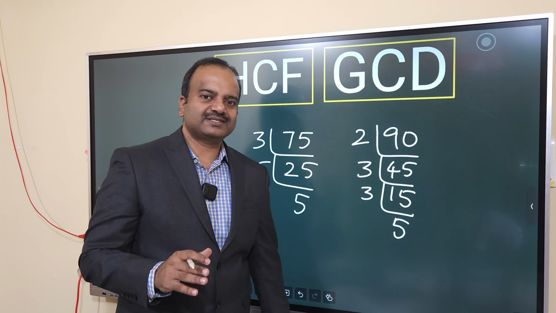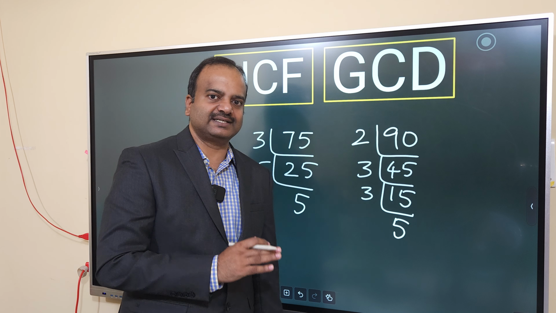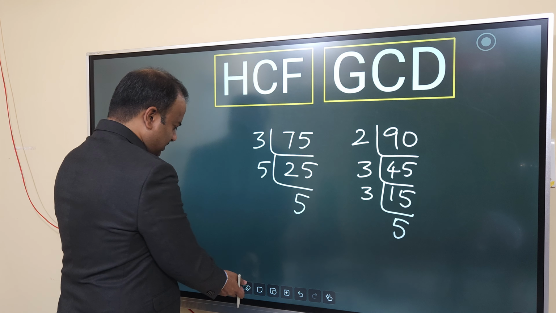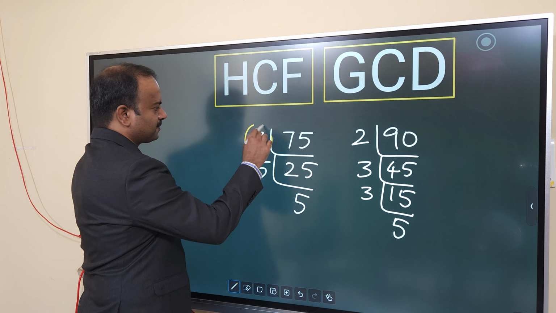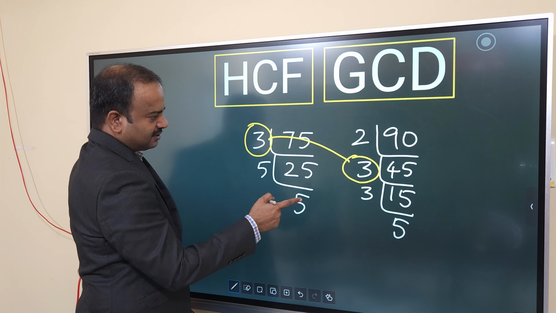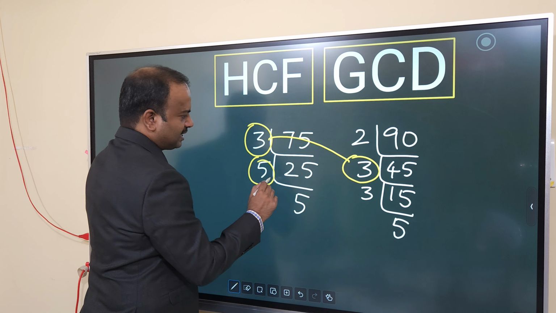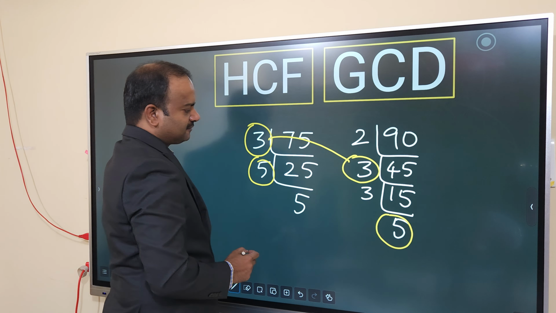Now all you have to do is take the common factors and multiply them. You'll get the GCD. Let me take some other color here. So I'll mark the common factors. 3 is a common factor, and 2 I don't have in 75, and 5 is also a common factor. So the common factors are one 3 and one 5.